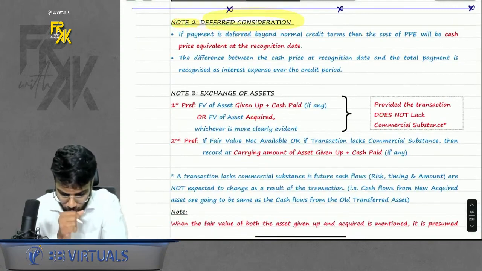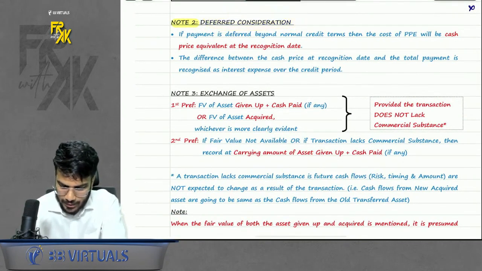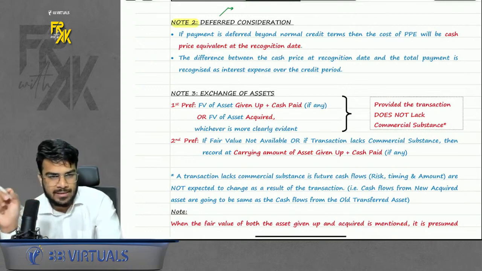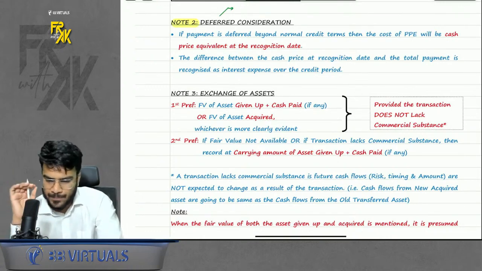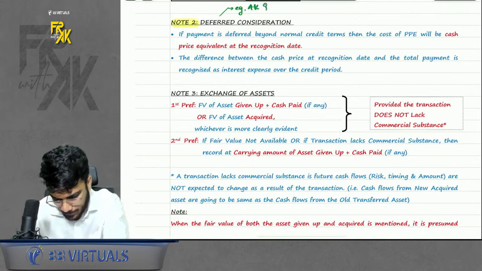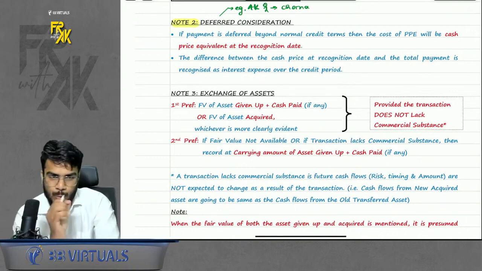Let me try to explain this point with the help of an example. Let's say I went to an electronic shop, like Chroma. You might know Reliance Digital, or any electronic shop. So let's say this poor guy AK went to a Chroma shop, and I asked the sales personnel to show me one laptop.